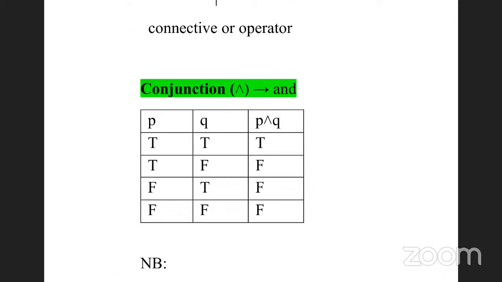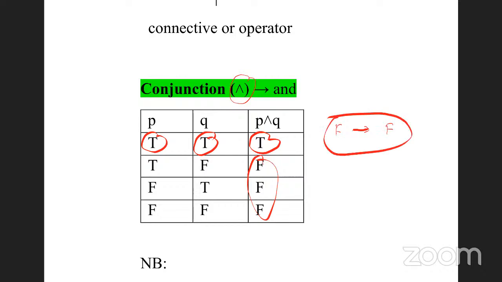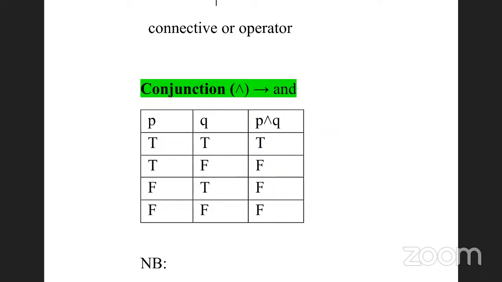And what's the truth table for it? A true and a true gives you a true. Everything else is false. And that's what I want you to learn about this symbol, conjunction. False always gives you a false. Remember that. Once you have a false, you always get a false. For those who want to write, you can make a quick note of that.